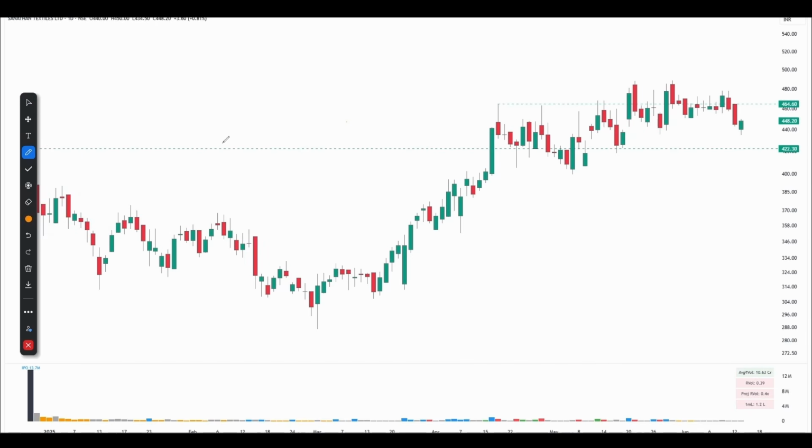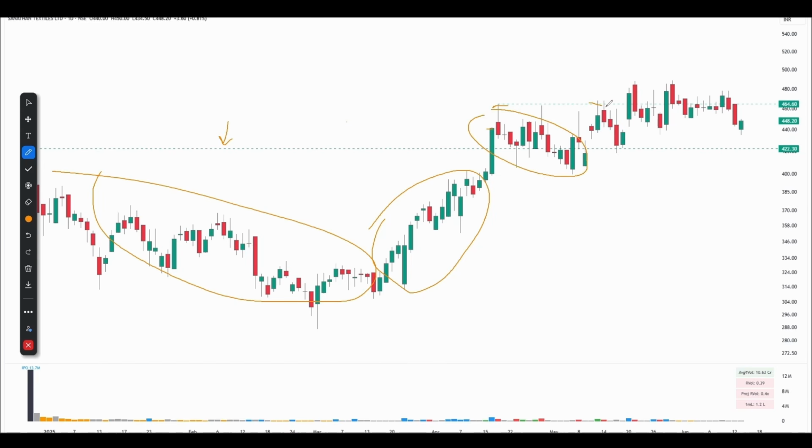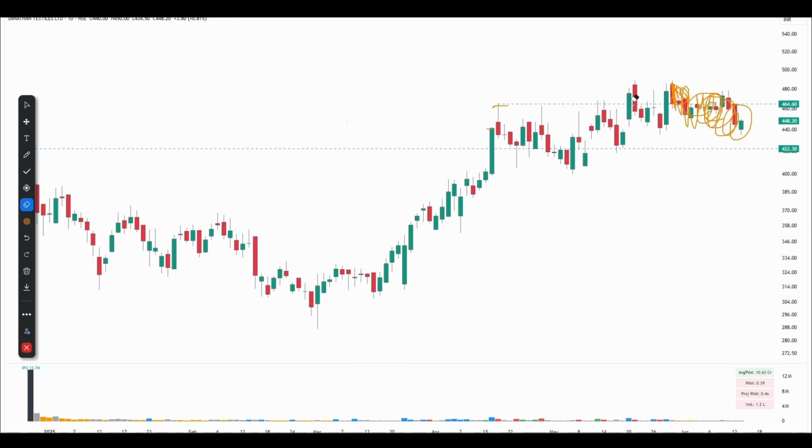Another example is Sanathan, clean pivot point, decent change of character from LHS to RHS, but after that breakout, expansion candle. Look at this. Let's say we did not see this, right? We only saw up to this candle.